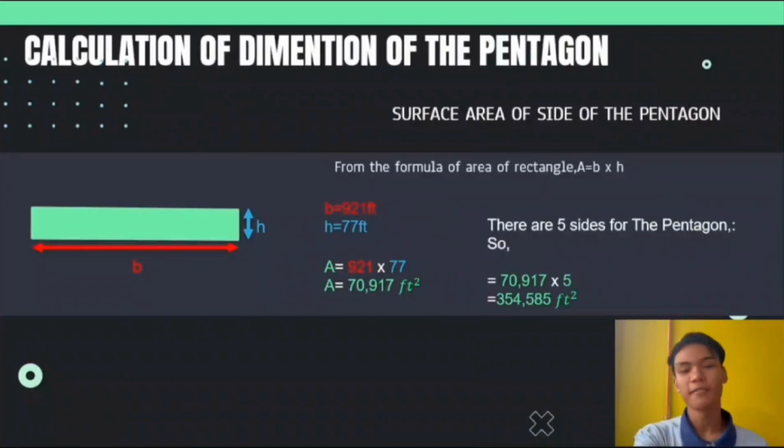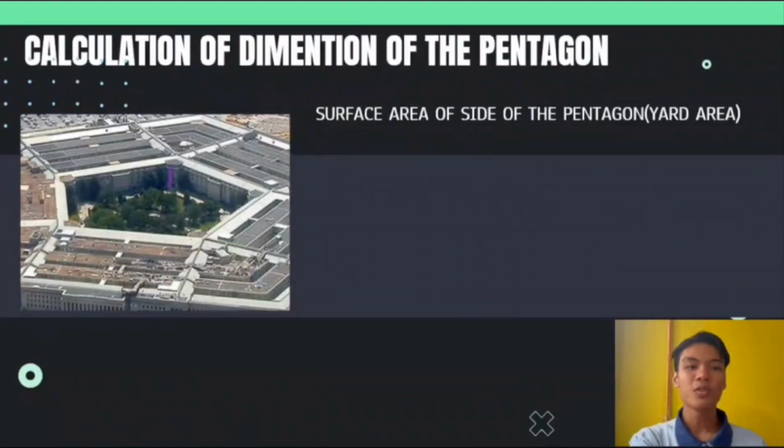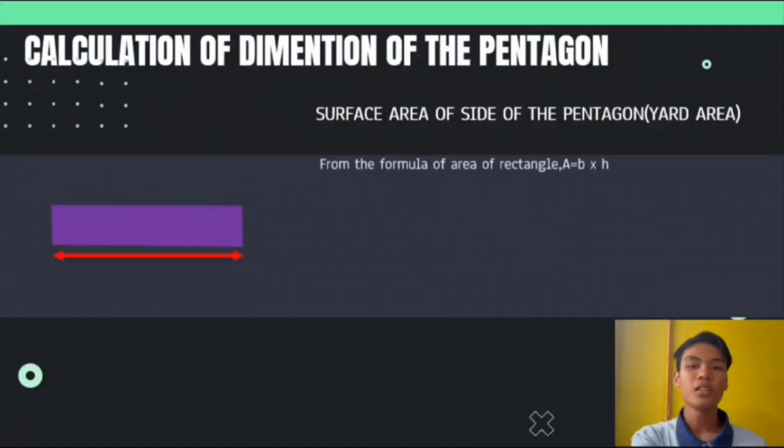354,585 feet square. Next, the calculation of inside the pentagon, which is the yard area, the purple area. The shaded region with purple color is the inside of the pentagon, which is the yard, also with a rectangular shape. So from the formula A equals base multiplied by height, but the base is smaller since it is inside the pentagon, so 5.161 feet, and the height is the same, 77 feet.